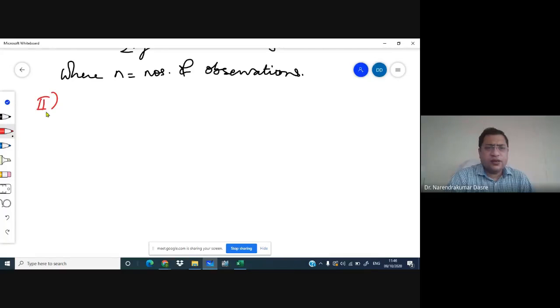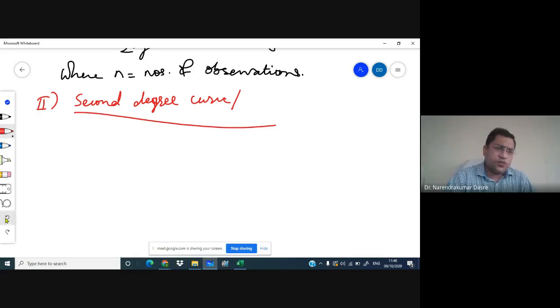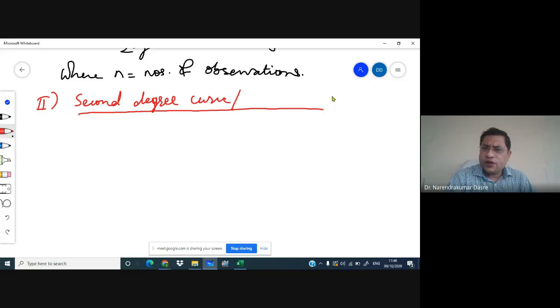So in non-linear regression, I consider the second degree curve. You have already studied second degree curves.